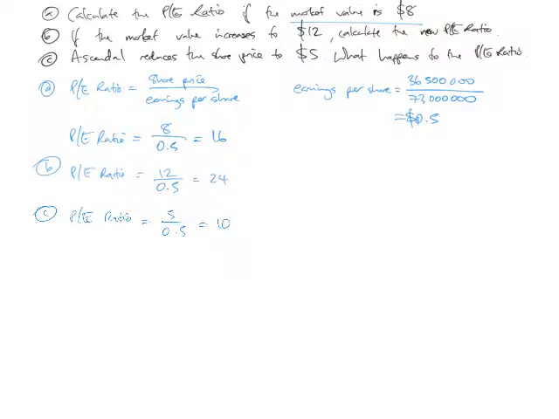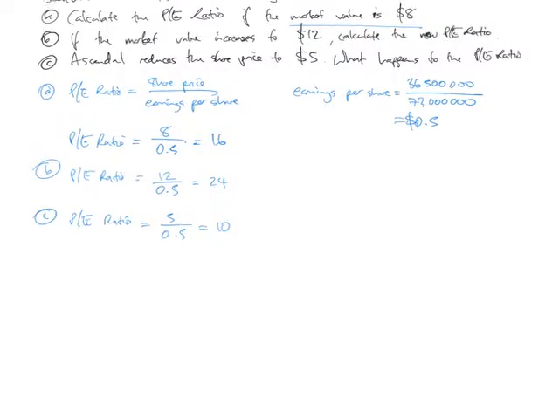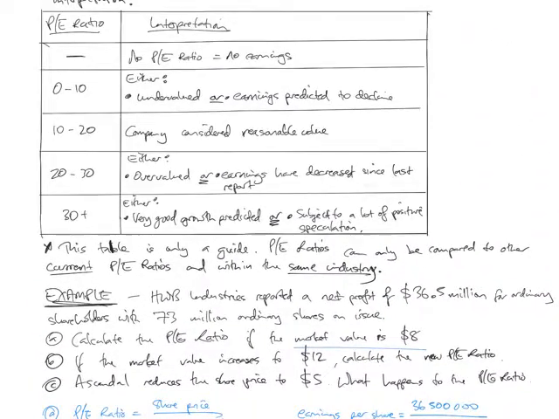So if you think about that, the interpretation could be people are only willing to pay $10 per $1 earning. The PE ratio is decreased, and we are looking at either of these two. It's either considered reasonable value, but rather pessimistic, it's too close to 0 to 10. It's either undervalued or earnings are predicted to decline.